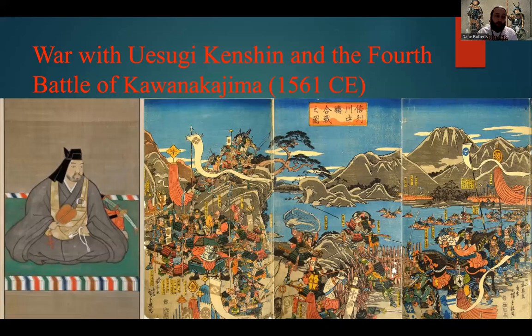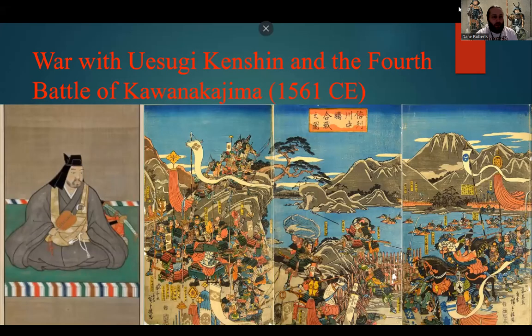And he would war with, conquer, and battle multiple daimyo in his tenure. But the daimyo that he is most well known for battling, the one he battled the most, was Uesugi Kenshin, the powerful leader of the Uesugi clan and the powerful leader of the Echigo province.